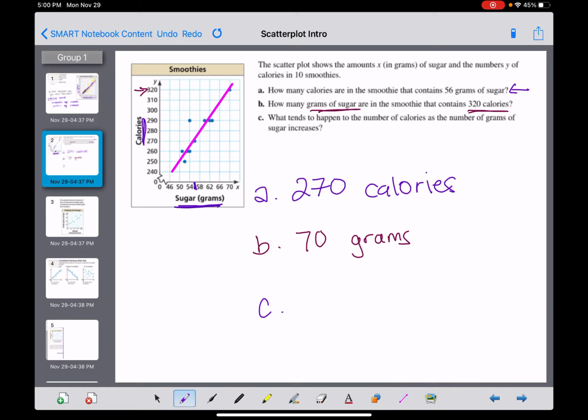So that means as the sugar increases, my calories also increase, which makes sense. So the more grams of sugar you have, the more calories there's going to be in that smoothie.